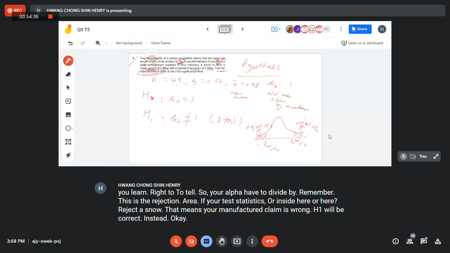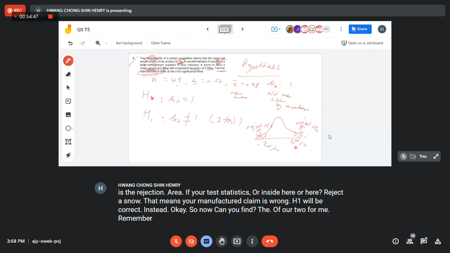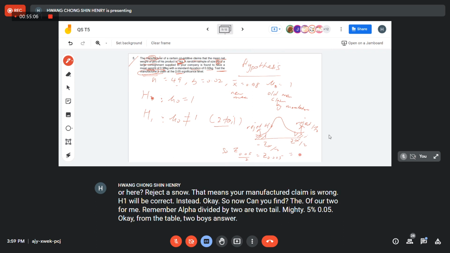Understand? Okay, so now can you find the Z alpha over 2 for me? Remember alpha divided by 2, 2 tail. 95%, 0.05. Okay, from the table 2, what is the answer? 1.96.